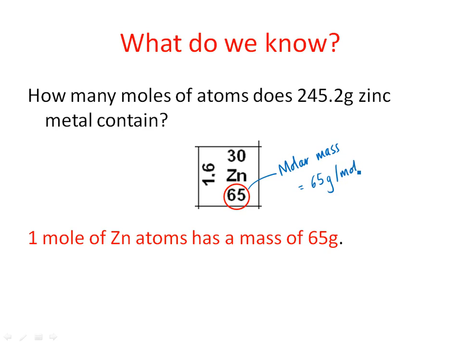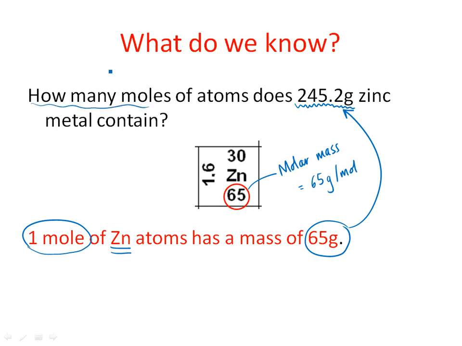This tells us that if we have a mole of zinc, then its mass will be 65 grams. However, we do not have 65 grams. We have 245,2 grams of zinc. Therefore, we do not have 1 mole. How many moles do we have? That's what we need to find out.